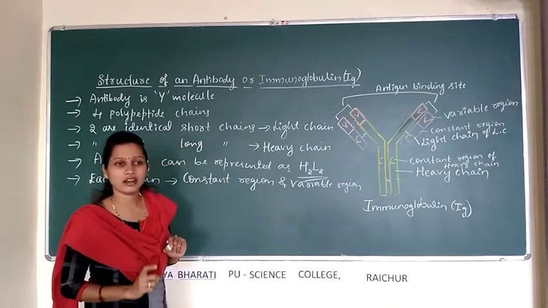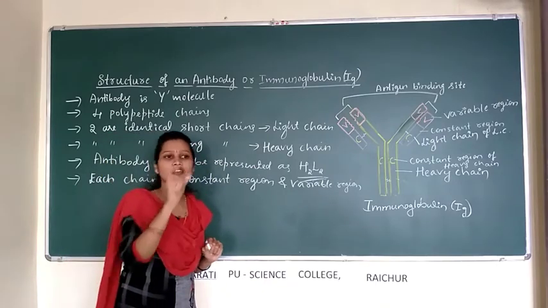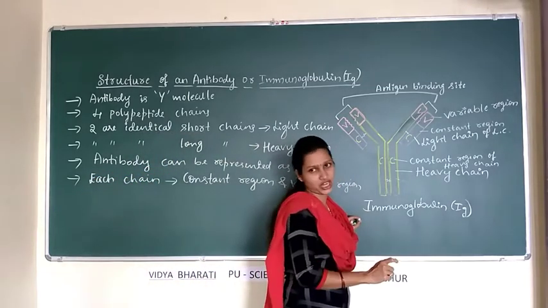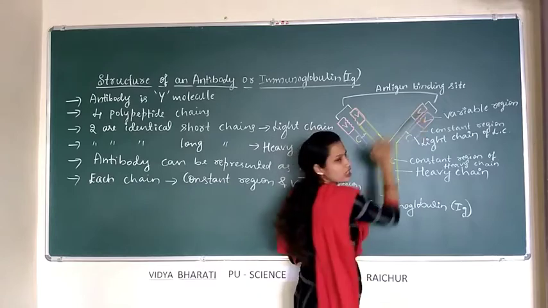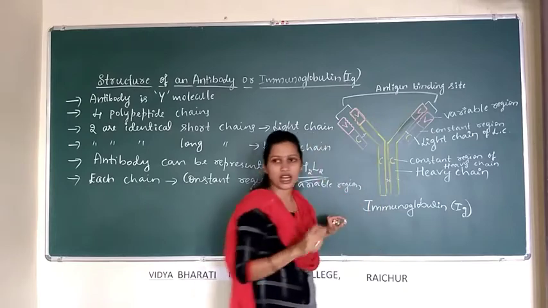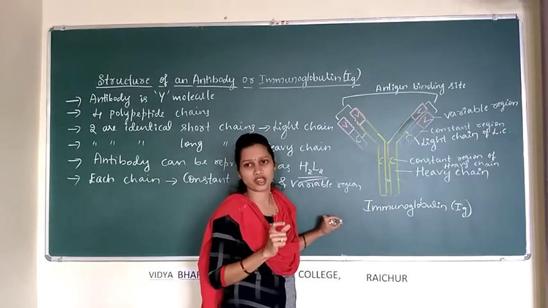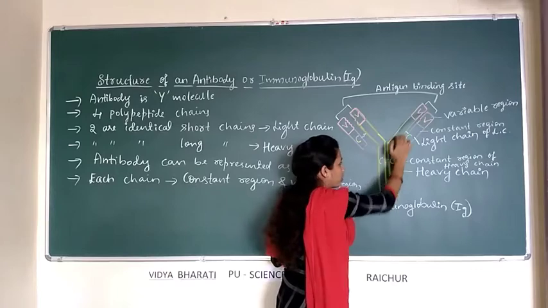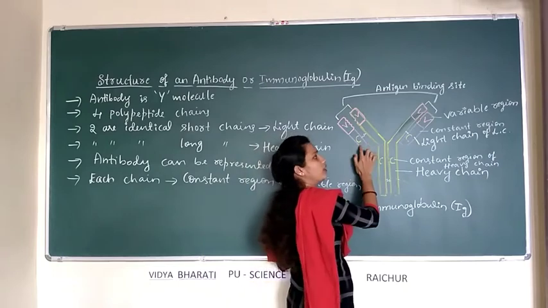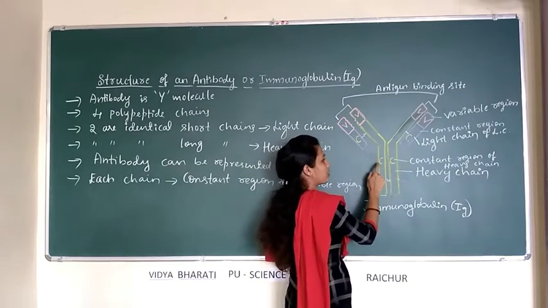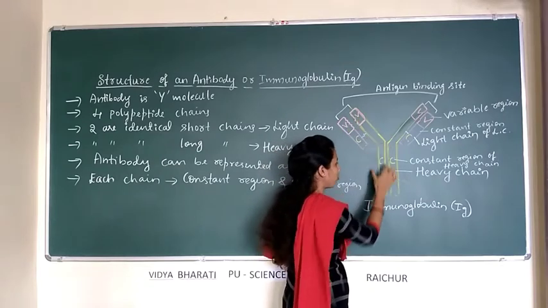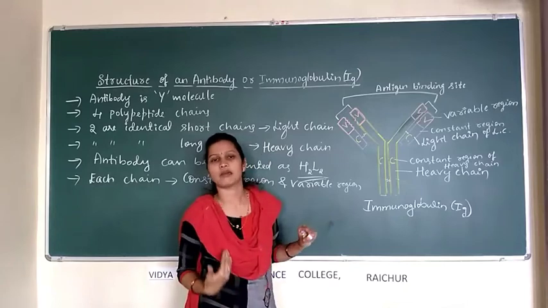Remember, variable regions are always present at the tip of each arm, or at the tip of each chain, whereas the remaining portion constitutes the constant region. In light chains as well as heavy chains, variable regions are present at the tip, and constant regions are next to the variable region.